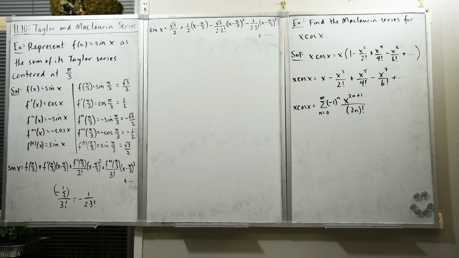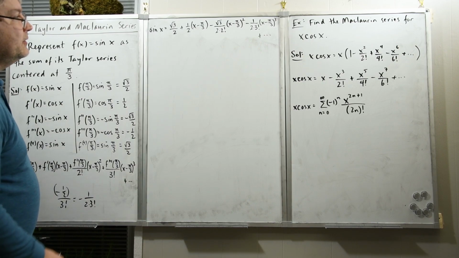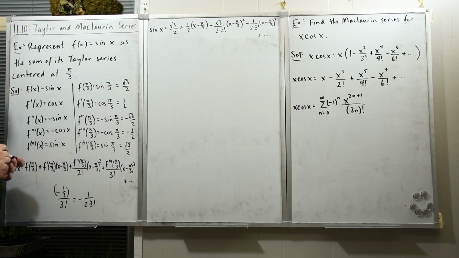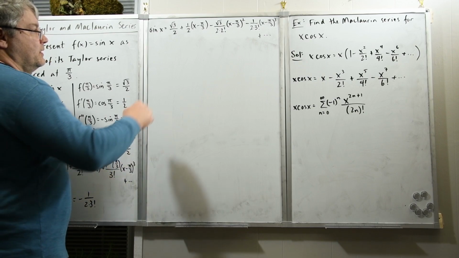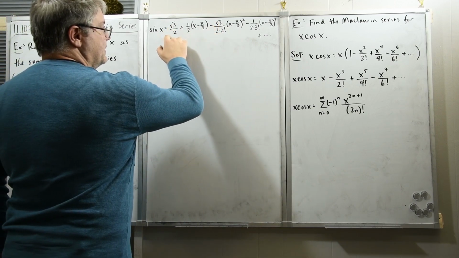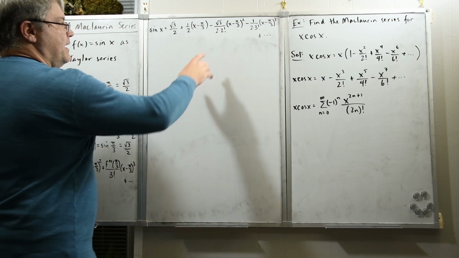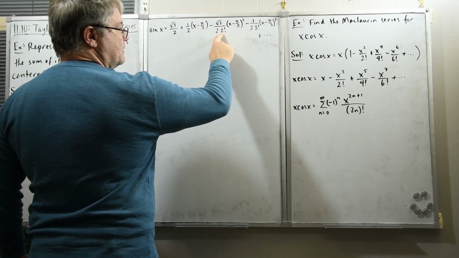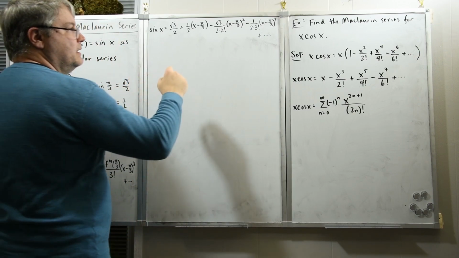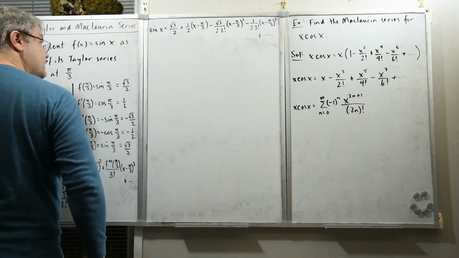But notice here that when you take your even powers of x minus pi over 3, you're going to have some sort of root 3 over 2, maybe positive, maybe negative. And then you're going to have a factorial down here. This number will match up with the power you see here that x minus pi over 3 is raised to.